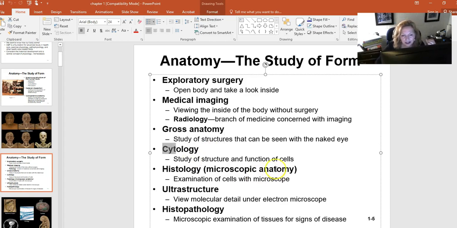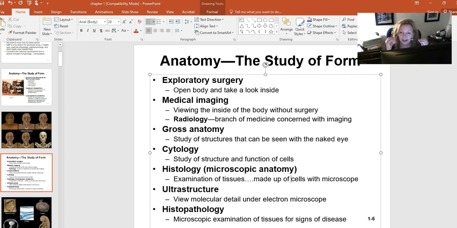So cytology is the study of cells, and we're going to learn a lot about cells. Histology, I know it says cells right here, but I would rather you know that it is the microscopic study of tissues, which we are going to realize are made up of cells.